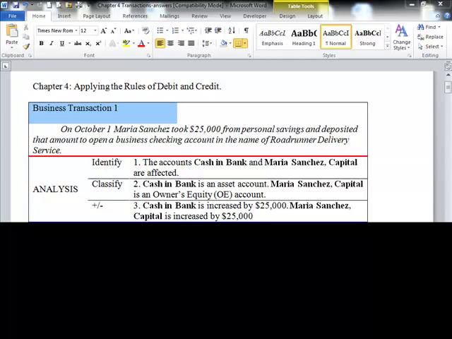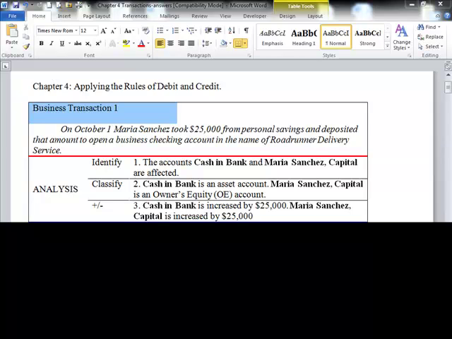Now, at this point in time, that's what we had done up to in Chapter 3. We're now going to add the debit credit rule, which is what we lectured about in class last week. When we have an increase in an asset, Cash and Bank is our asset here, as it states in our plus and minus rule, increases in assets are recorded as debits.